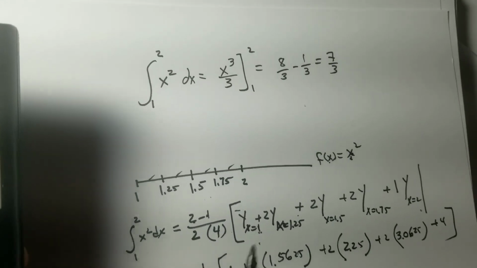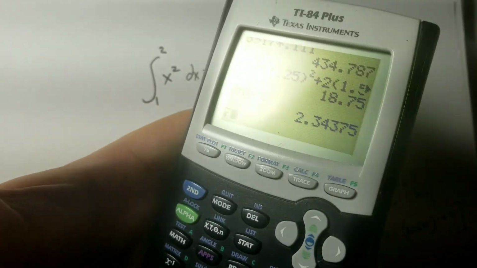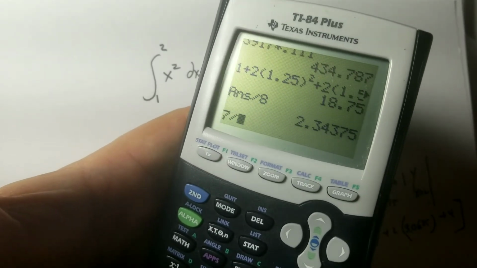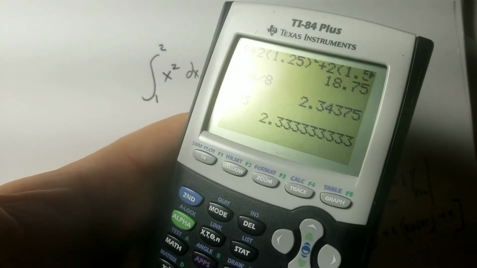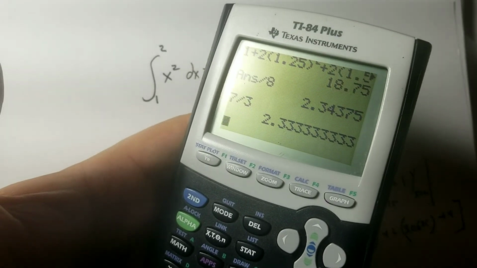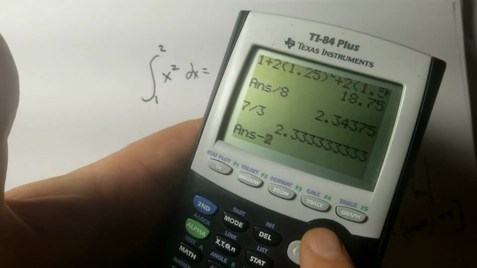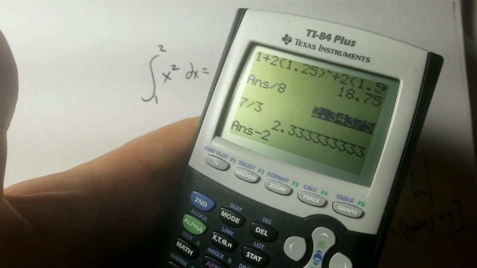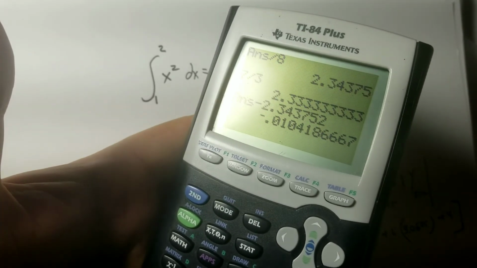But when I did it by the integration technique, I got 7 divided by 3. What is the difference?